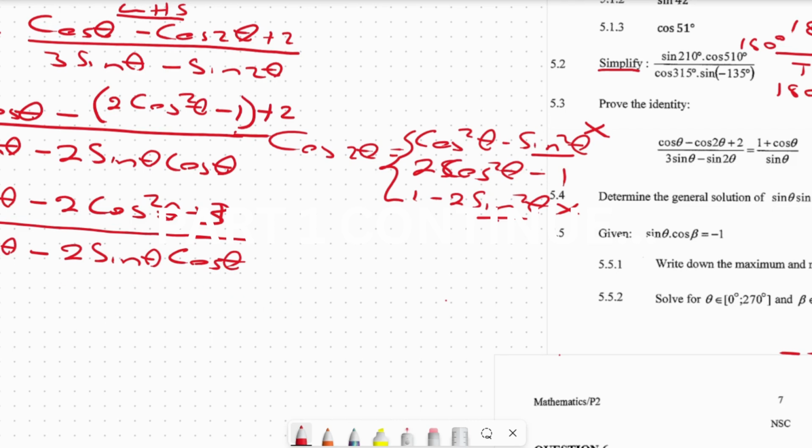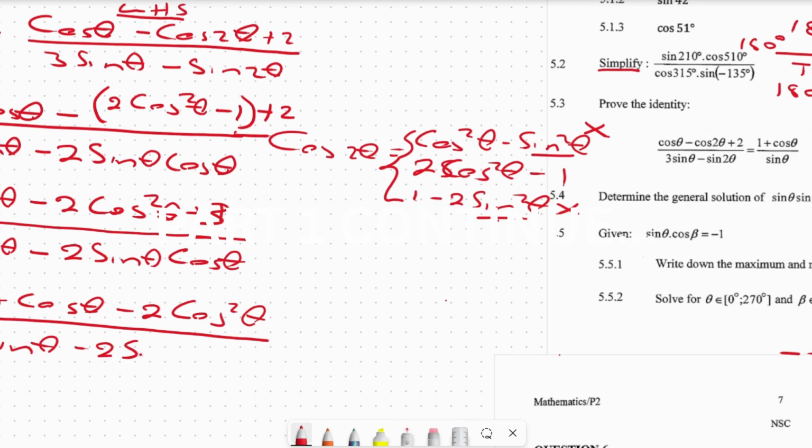I can try to rearrange this so that I can see what I'm having here. Then I'll have 3 plus cos theta minus 2 cos squared theta all over 3 sine theta minus 2 sine theta cos theta.